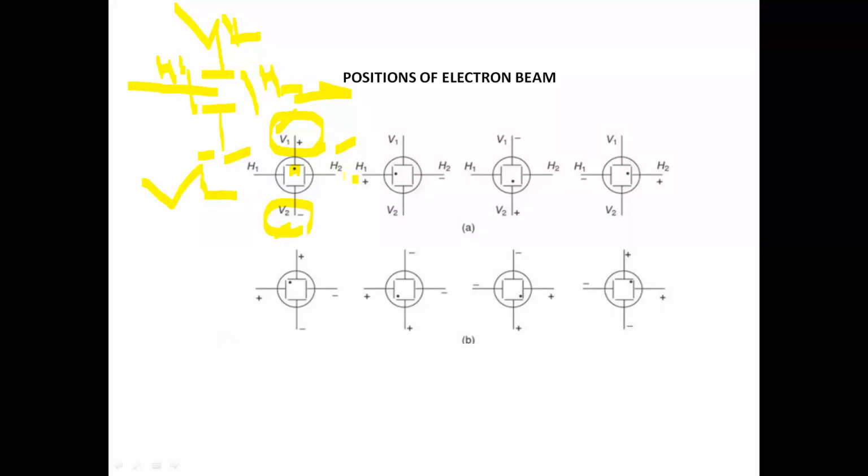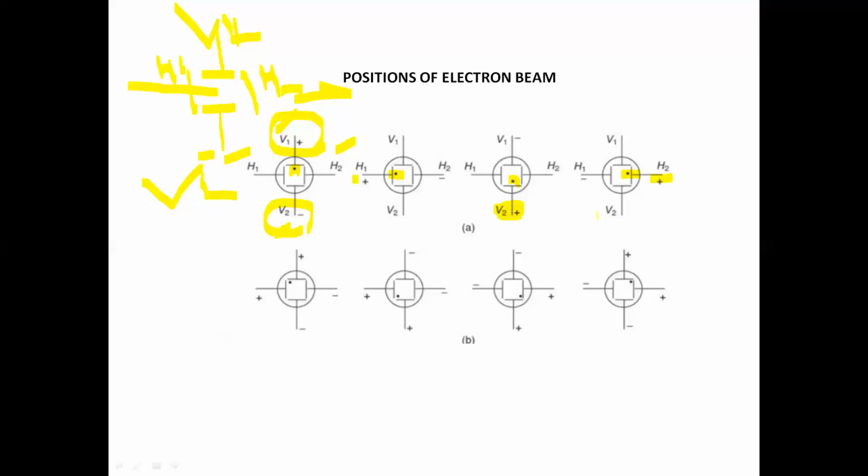So if positive voltage is applied to H1, then the bright spot will be at the left side of the screen. Left side. Okay, so here the vertical plate V2 is given positive, then the spot is in the downward direction. Here the horizontal plate H2 is given the positive voltage, then the bright spot is at the right position.